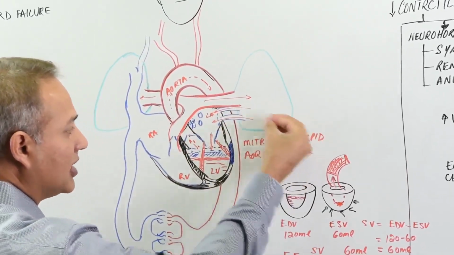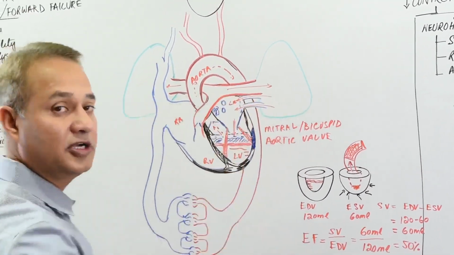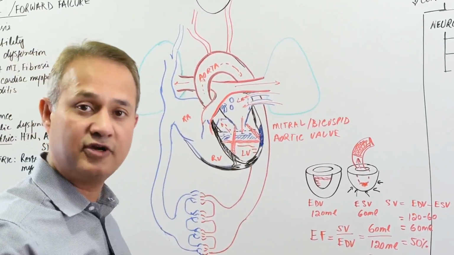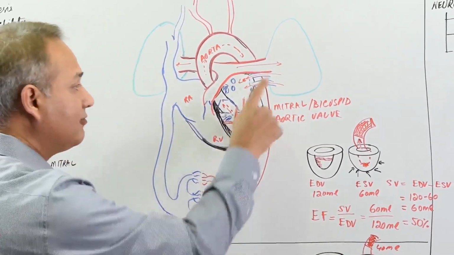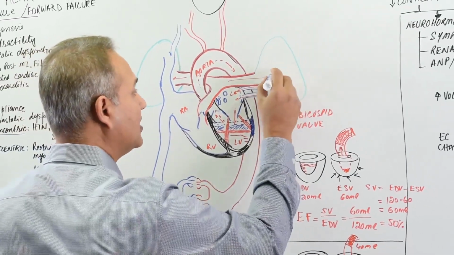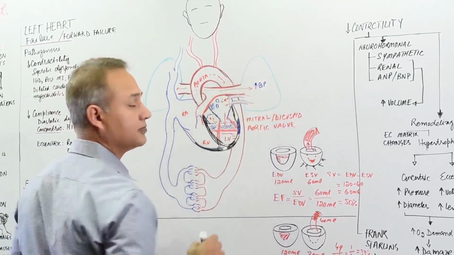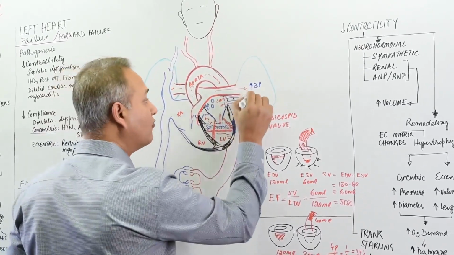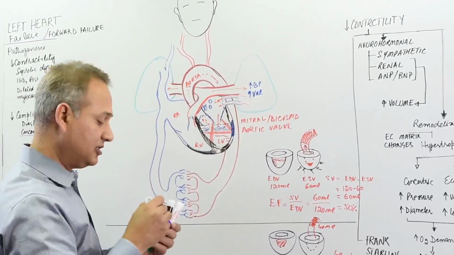The blood that has to come back from the lungs into the atria would have difficulty coming into the ventricle, into the left heart, because left heart is already congested, already filled. That would cause blood pressure in the pulmonary vessels to go up, and that would cause blood volume to go up in the pulmonary vessels.